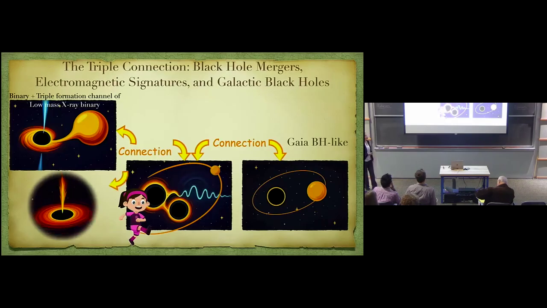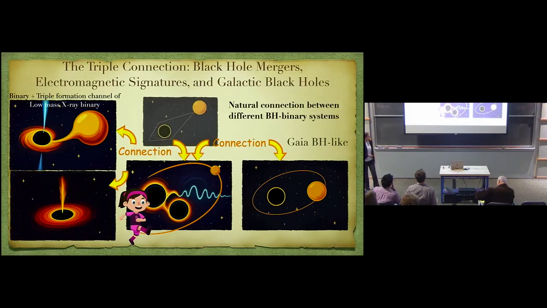I also predicted that we will have an electromagnetic counterpart soon after. That connects all three binary sources that involve black holes together. It also predicts lots of candidates for microlensing. And that's it. Thank you very much.